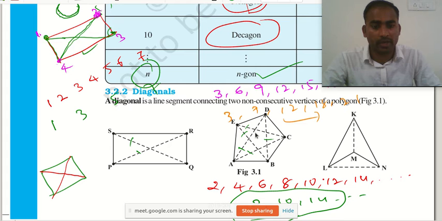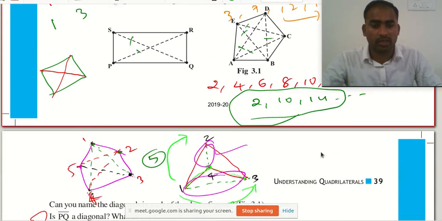For a pentagon, how many diagonals do we have? 5 diagonals. So in this picture we can find 2 diagonals. Here K and M is one diagonal, and L and N is another diagonal.